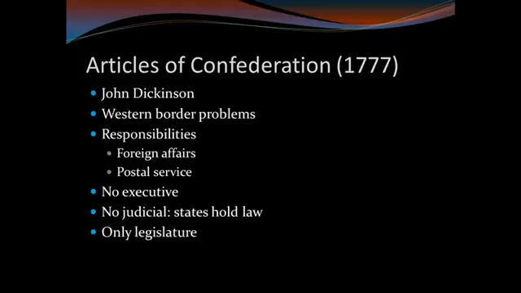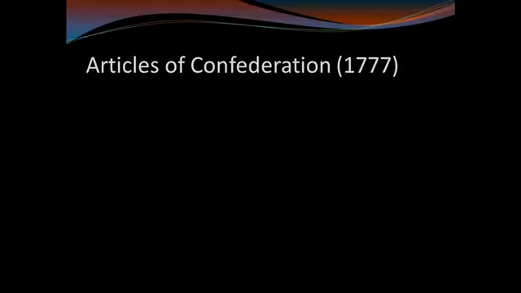And then it would be faced with a crisis, and that's what we're going to look at in just a bit. So let's just sum up, right? They left to the states taxation. So the federal government under the Articles of Confederation could not tax. The states taxed.